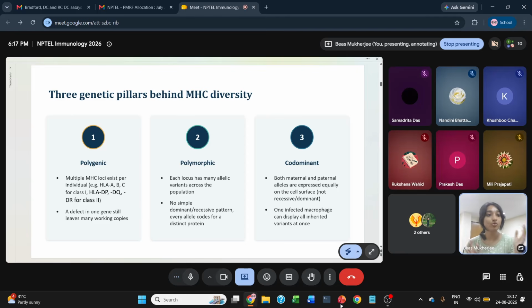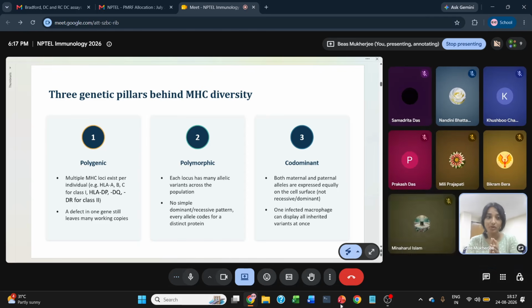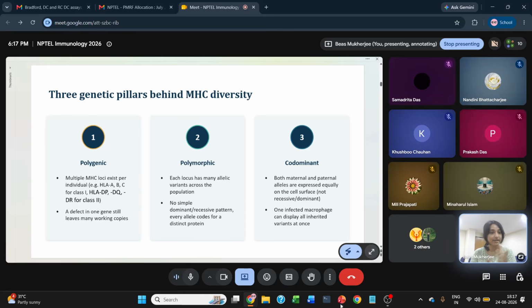This means that both genes, coming from the mother and from the father, the maternal and paternal alleles, are expressed equally. There is not one dominant and one recessive in this pair. Both of them are co-dominant, and that is co-dominance. That means both of them are equally important. Both maternal and paternal alleles are expressed equally on the cell surface.